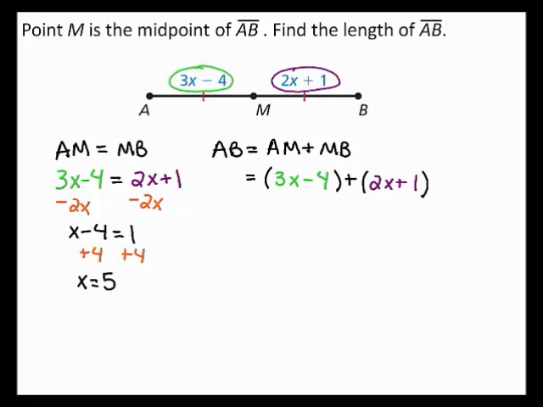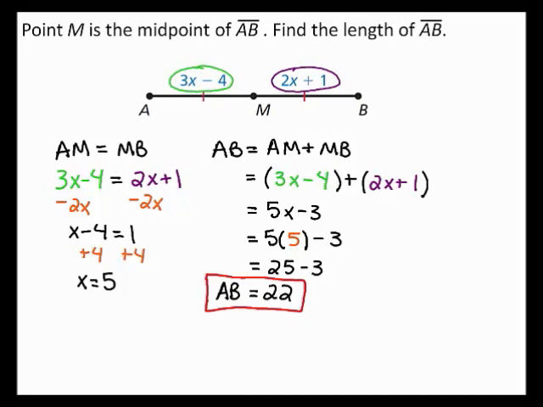When you combine like terms on the right-hand side of the equation, 3x plus 2x gives you 5x, and negative 4 plus 1 gives you negative 3. Now, you found the value of x to be 5. So, you can substitute 5 in for x. When you simplify, 5 times 5 gives you 25, and 25 minus 3 gives you 22. Therefore, the length of segment AB is equal to 22.